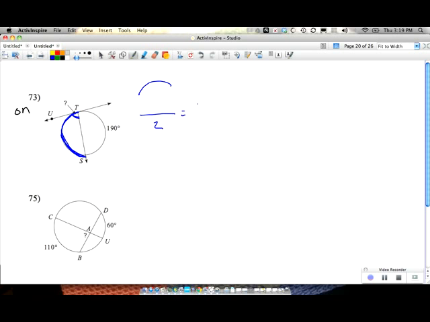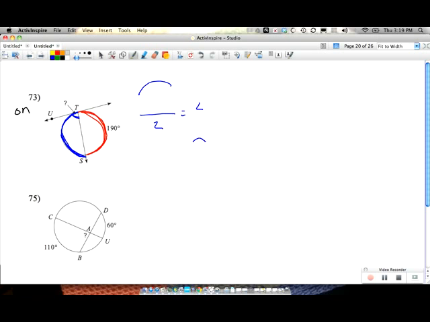So arc ST in blue is going to be 360 minus 190. Well, 360 minus 190 is the same as 370 minus 200, or 170. So this over here, that's 170 degrees.